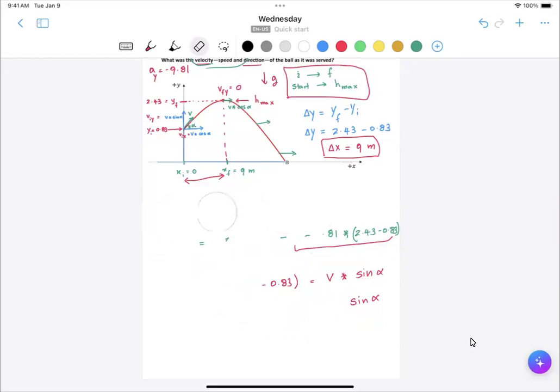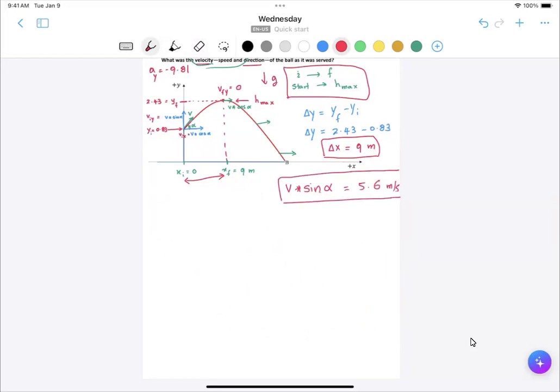So what we found, I am going to summarize right here so far. V times sine alpha, we found it as 5.6 as a result of the previous step. I do have that guy ready now.